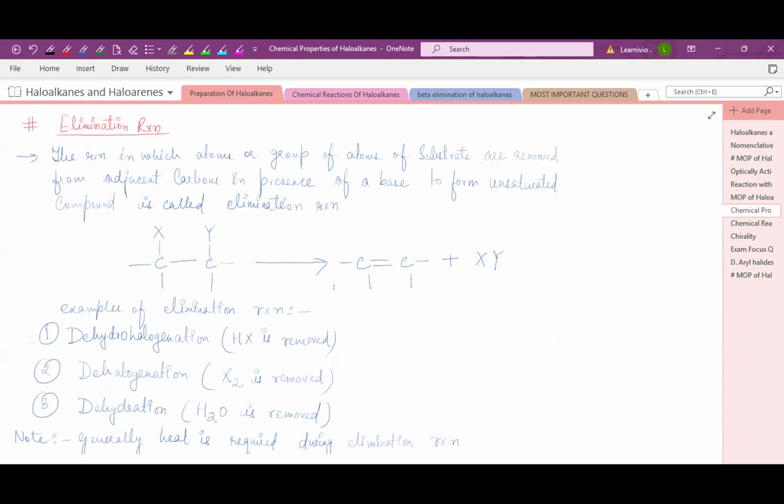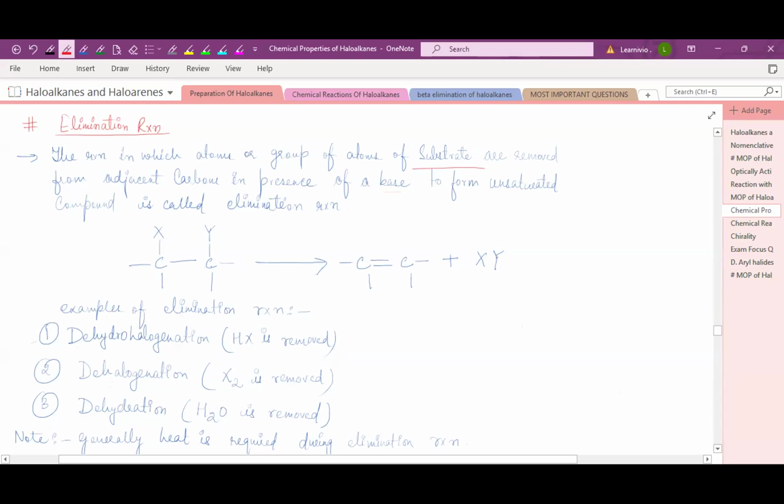So what is an elimination reaction? An elimination reaction is the reaction in which atoms or a group of atoms of the substrate are removed from the adjacent carbons in the presence of a base to form an unsaturated compound. So what happens over here? Suppose this is your substrate, and we have an X. These are two carbons, one carbon and a second carbon.